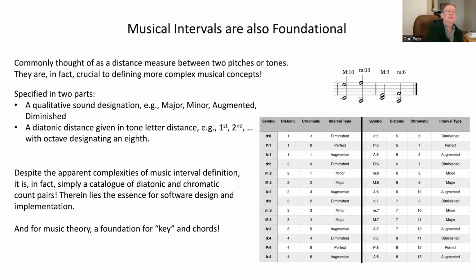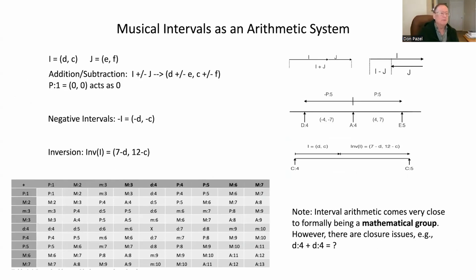And a lot of the source code inside the diatonic foundation can help you do the counting that you need to do. Well, given that, what happened was, since an interval is based on two counts, you can actually add them together, you can subtract them. It turns out that P1 acts like 0.